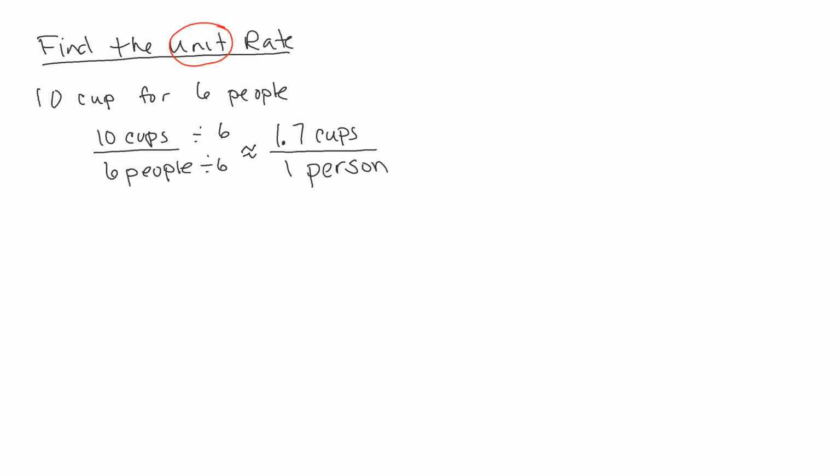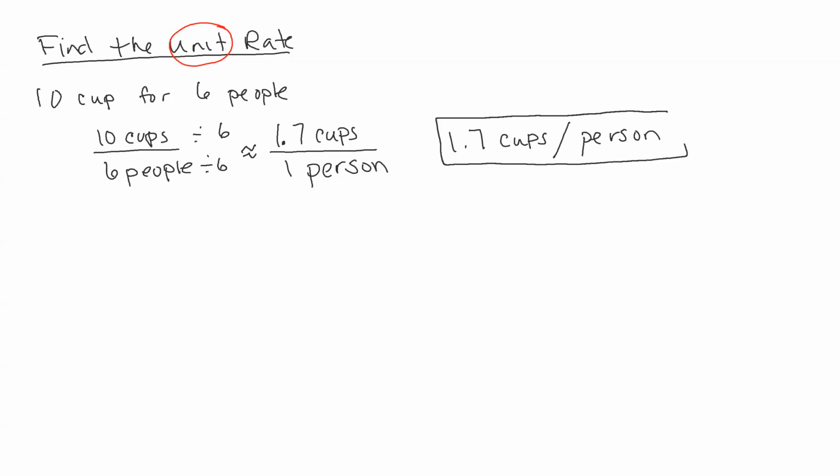All right, so now you could also write this, instead of writing it as just like a regular fraction, as 1.7 cups per person. All right, you'll see either of them. I tend to do this, but both of these are exactly the same. All right, let's look at another example.